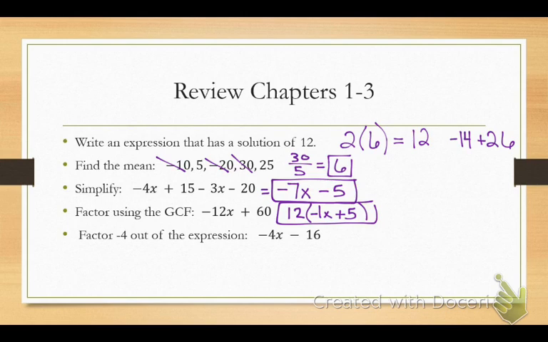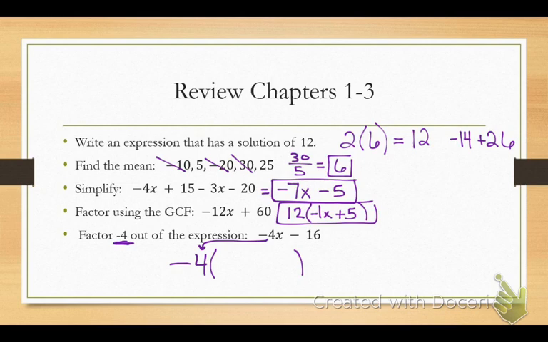Then I tell you specifically what to factor out. Factor out the negative 4. Remember, you must write the factored number. That's the only way to put it back to the original. And then how do you figure out what's left inside? You divide the original by the factored number.